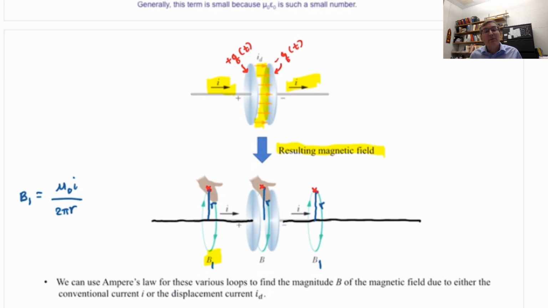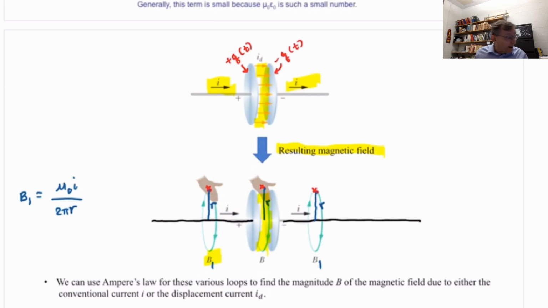Is there a magnetic field in there? You bet. But what's it due to? It's due to the displacement current that's flowing in the whole region between the plates.